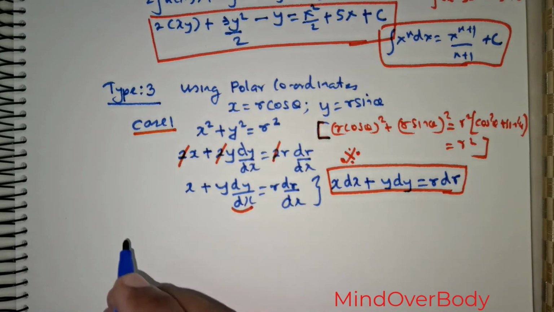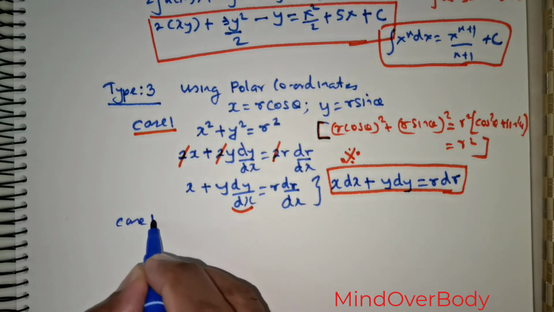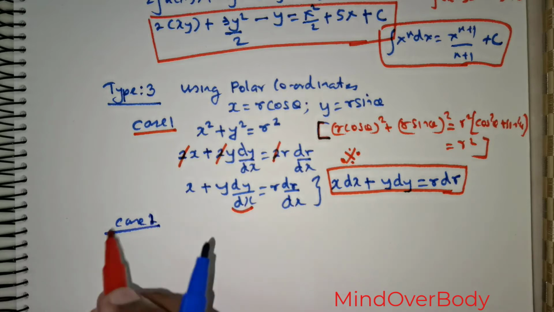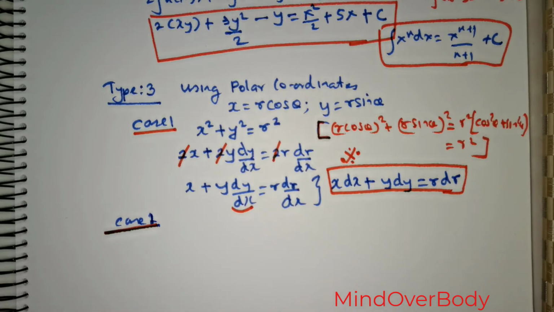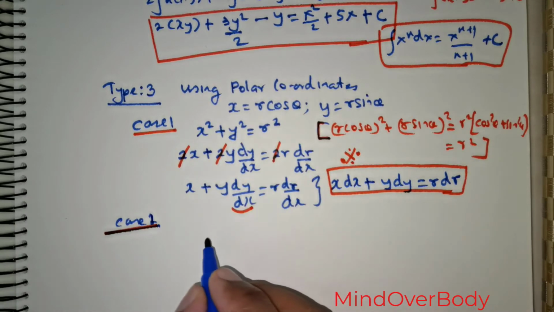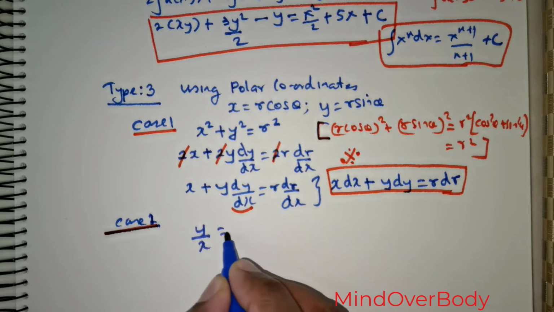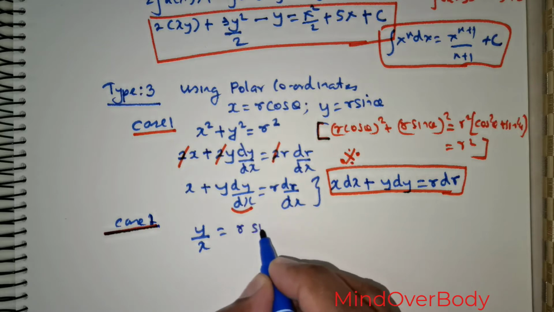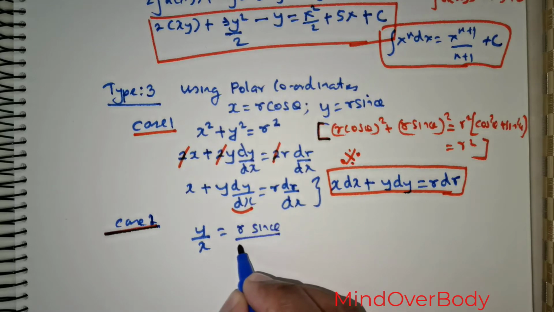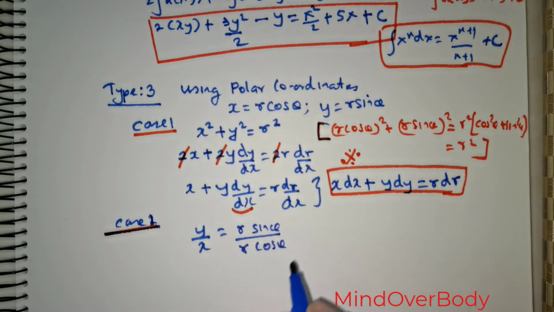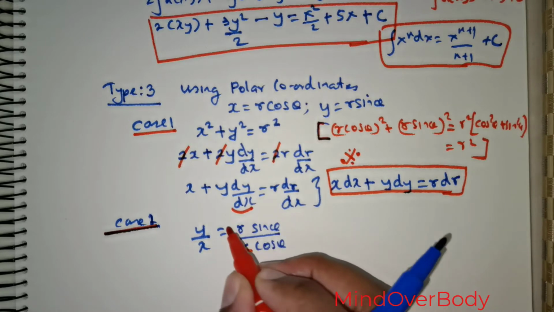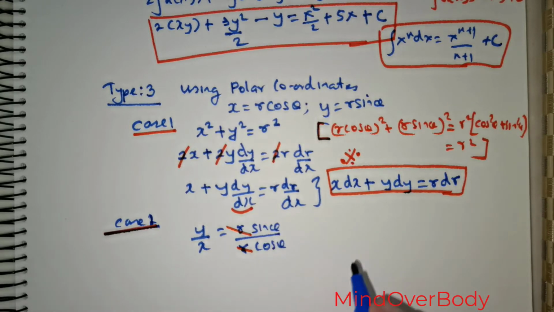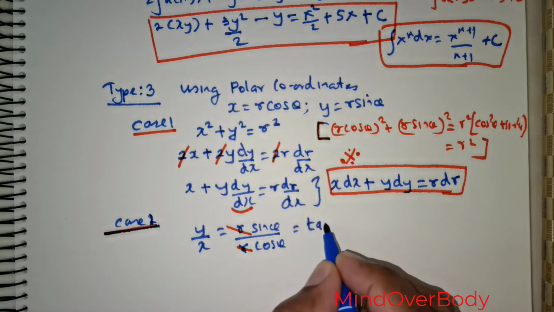Now if I were to take case 2, let me just take case 2. Now in case 2, what I'm going to do, I'm going to take y over x. So that would mean my y is r times sin theta, my x is r times cos theta, so my r can be cancelled, giving me tan theta.